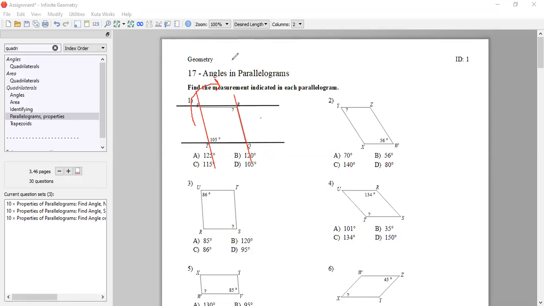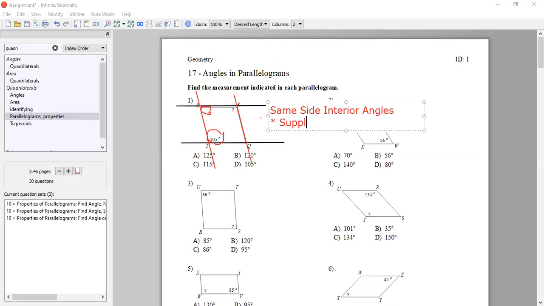However, let's look at this. We're going to compare this angle to this angle. Those are same side interior angles. What do you remember about those?